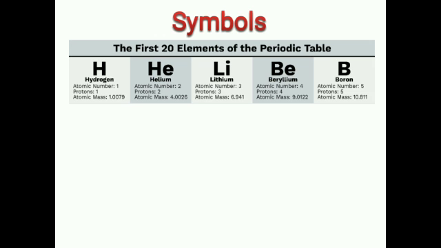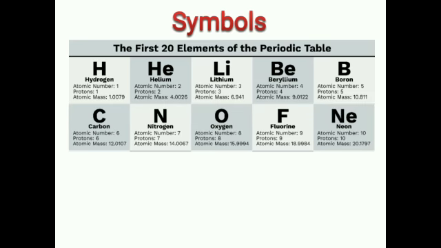Beryllium is represented by the symbol Be. Boron is represented by the symbol B. And C is the symbol of carbon, N is the symbol of nitrogen, and O is the symbol of oxygen, F is the symbol of fluorine, and Ne is the symbol of neon.